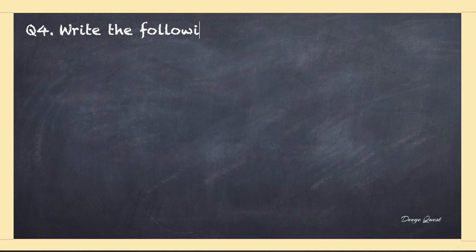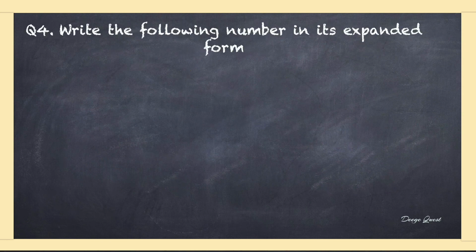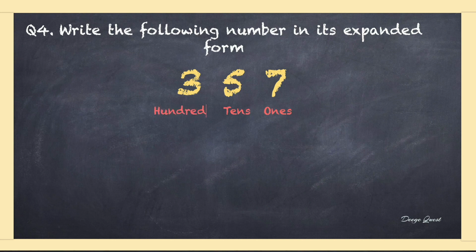Write the following number in its expanded form, 357. Friends, let us identify the positions of all the digits in the number. 7 is in the ones place, 5 is in the tens place, and 3 is in the hundreds place.